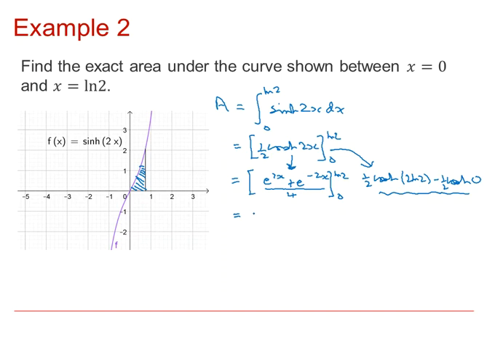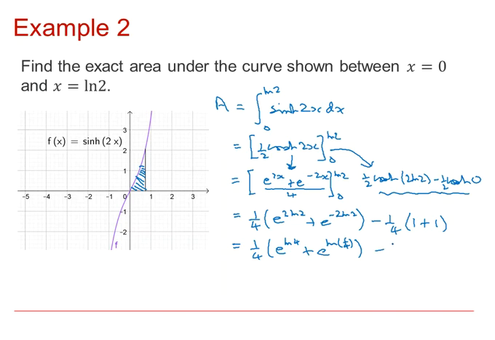So subbing in the top and the bottom limits now. So we're going to have a quarter of the top limit going in is e to the twice ln 2 plus e to the minus 2 ln 2. Take away a quarter, bottom limit going in, e to the nothing is 1 plus e to the nothing is 1 again. e to the 2 ln 2 is e to the ln 4, so there's a power law, and we're going to do a similar thing here. e to the minus 2 ln 2 is e to the ln a quarter, minus 2 quarters.